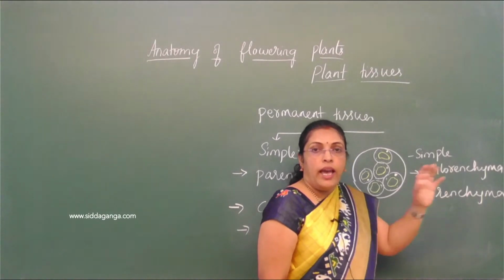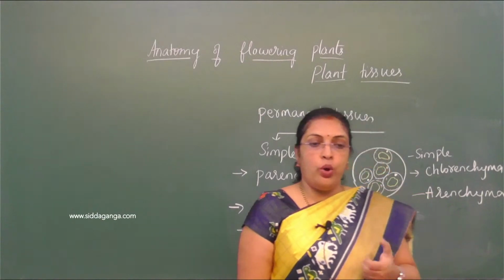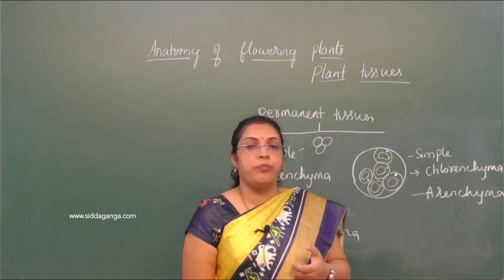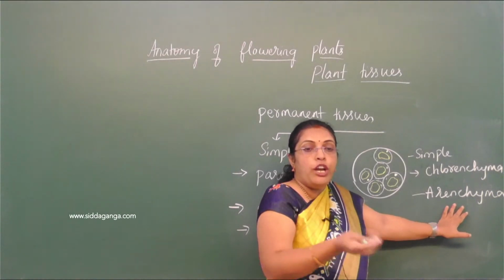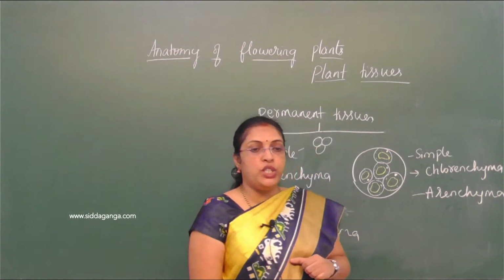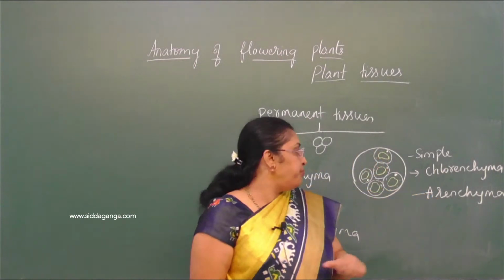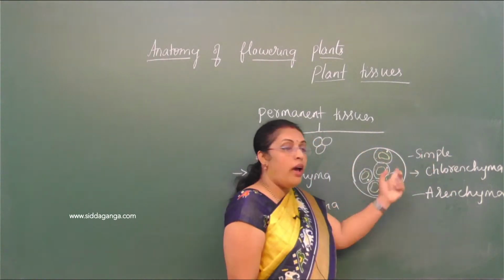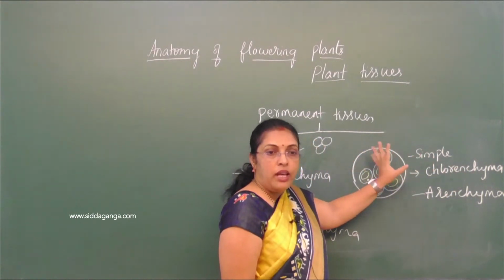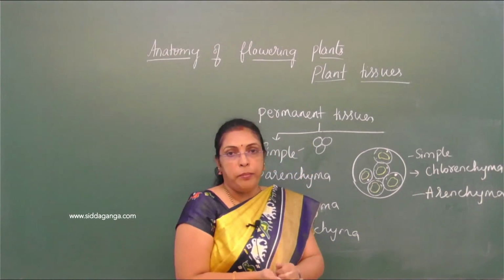This helps in floating. Yes, very good. Chlorenchyma is seen in leaves, and aerenchyma mainly helps in floating of aquatic plants. Good. If the parenchyma has air cavities in them, that air helps in floating of aquatic plants.